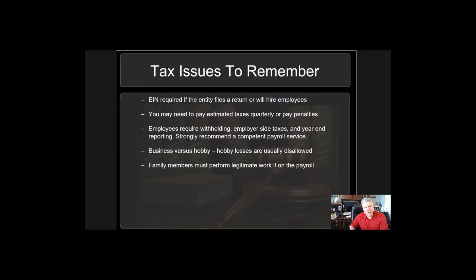Another tax issue to remember is a business versus a hobby. If you're not trying to make a profit, and if you don't make a profit in at least 3 of the last 5 years or so, the IRS may view what you're doing as a hobby as opposed to a business. So you might be trying to raise horses, but you also have another job.